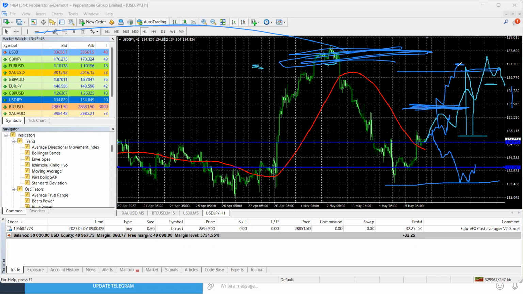I may even, at this point, add a manual trailing stop loss to the trade as well, so that as the market moves up, it's going to keep that stop loss closer. So you're never going to risk too much potential profit.